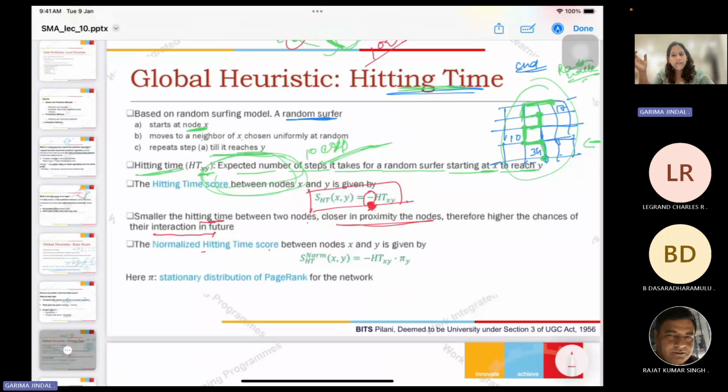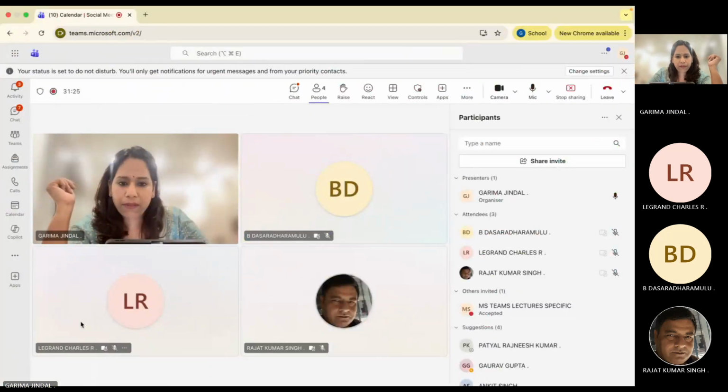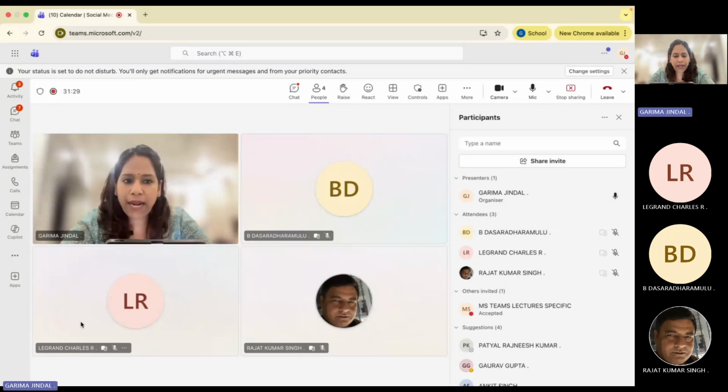Which was the centrality value that was based on random walks? Anyone remembers? We have covered degree as a centrality value, then closeness, betweenness, and eigencentrality.